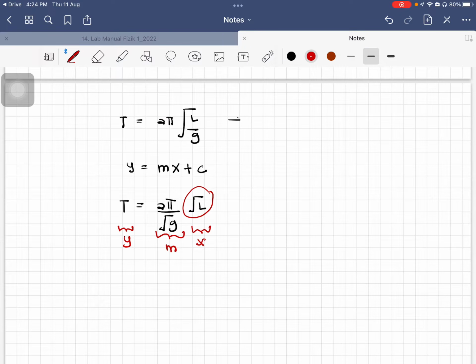Okay, but at the same time, you can transform this equation by squaring both sides.